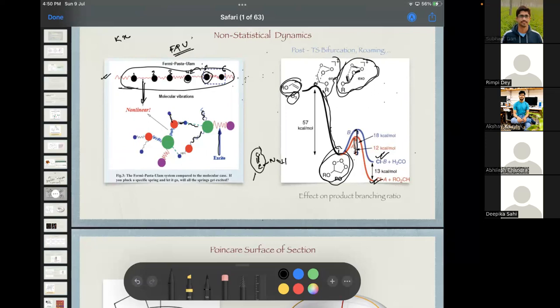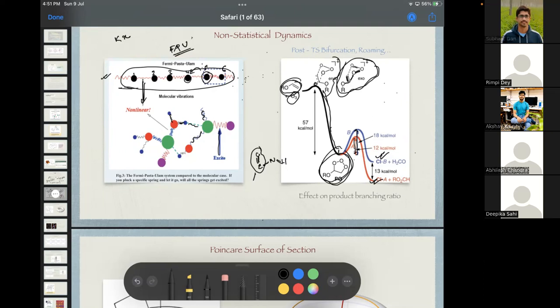So all the possible vibrational modes are getting equal amount of energy, I'm saying that. Okay. There is no localization. All the possible vibrational modes are sharing equal amount of energy. Then we say that the intermediate is properly thermalized, and equilibrated with the external bath or solvent like this.